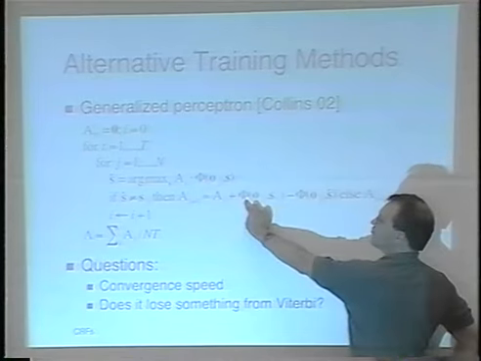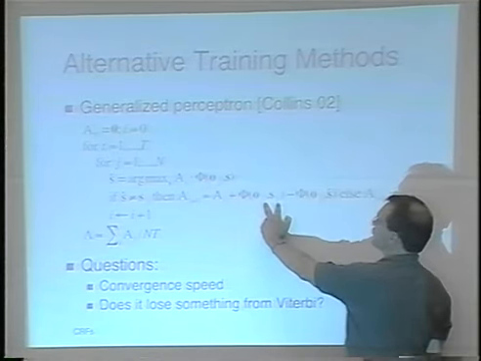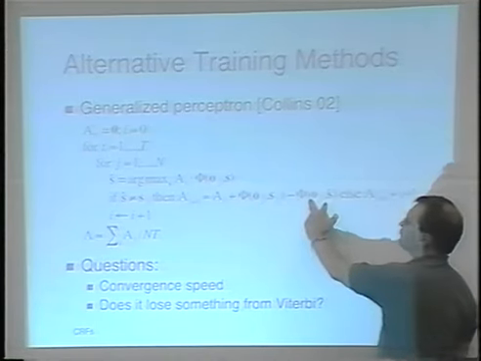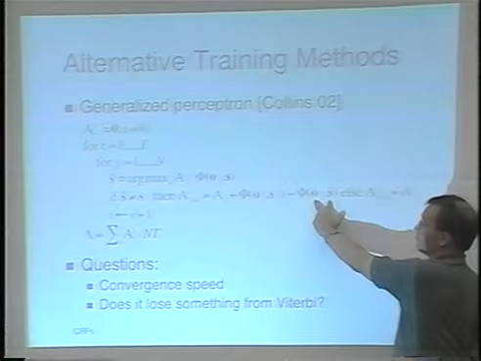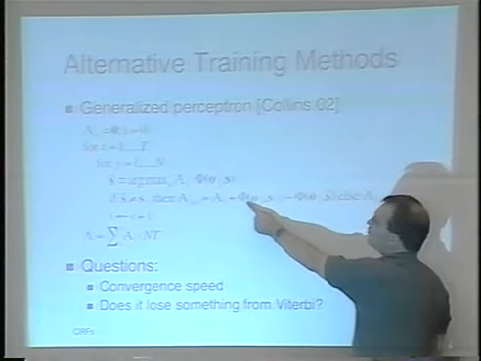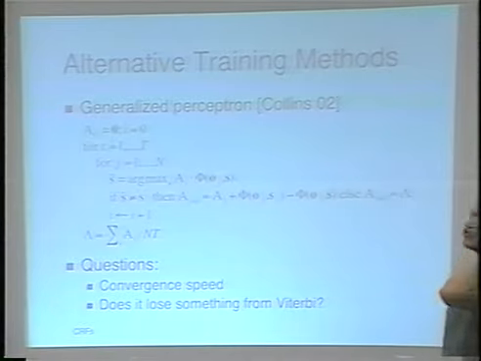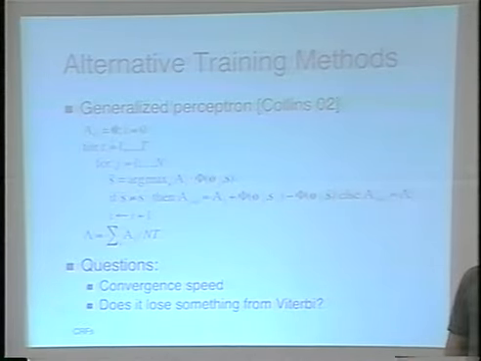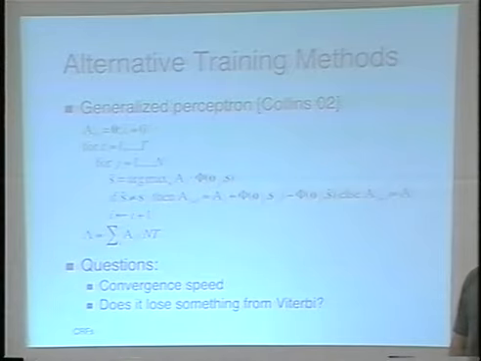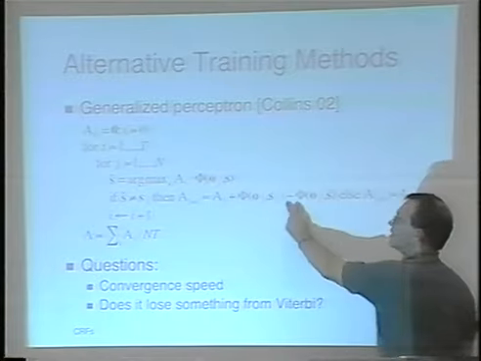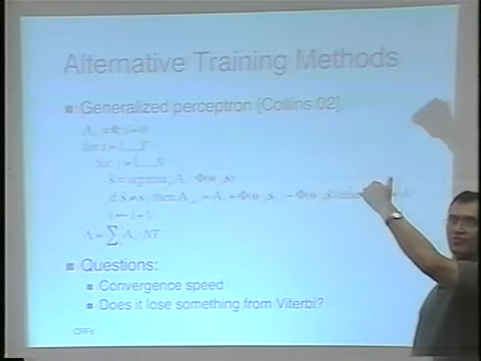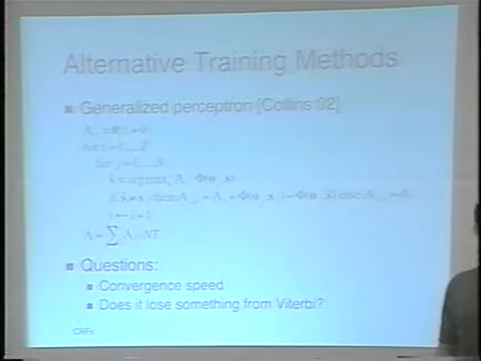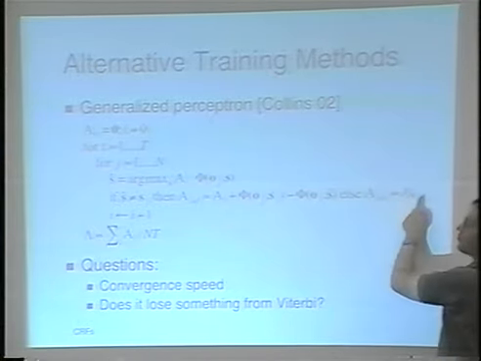This is the difference between the feature values for the correct labeling versus the feature values for the labeling you just got, which is incorrect. Phi, remember, is the feature vector for an instance. So features that were stronger in the correct labeling than in the incorrect one get their weight increased. For features that were contrary to the decision, their weight goes down. Otherwise, you keep the weight vector.